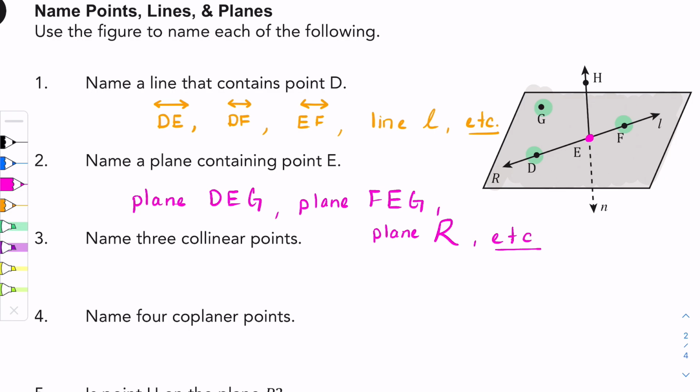The only thing you have to be careful with when you're labeling a plane is that the points do not lie in a line. You cannot use 3 points that are lying in a straight line. For example, you could not label this with the points D, E, and F because they fall in a straight line. So 3 non-collinear points.